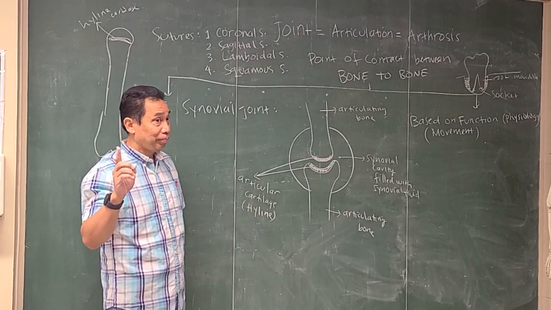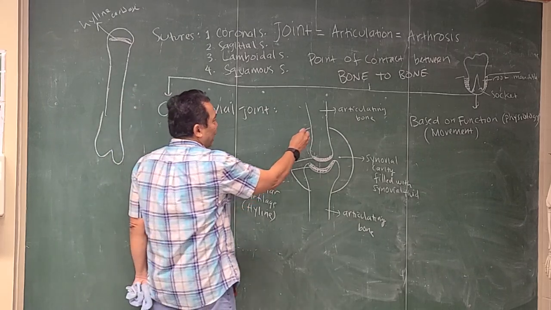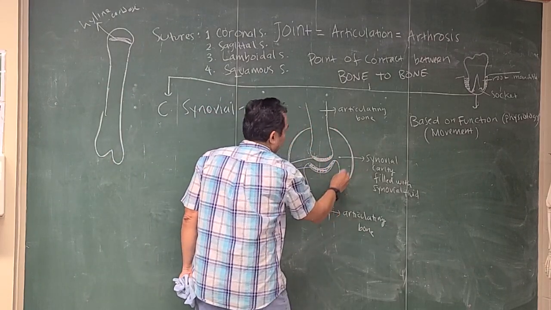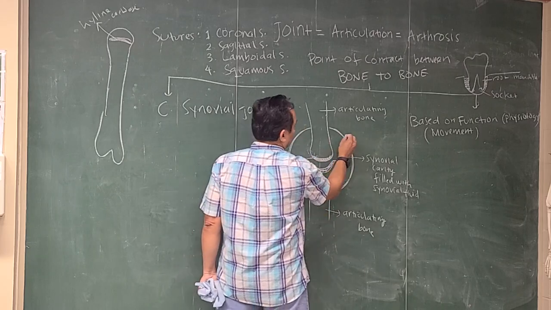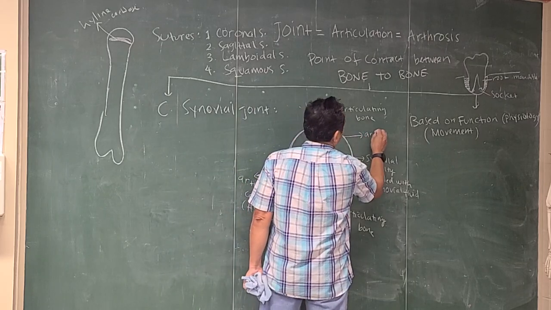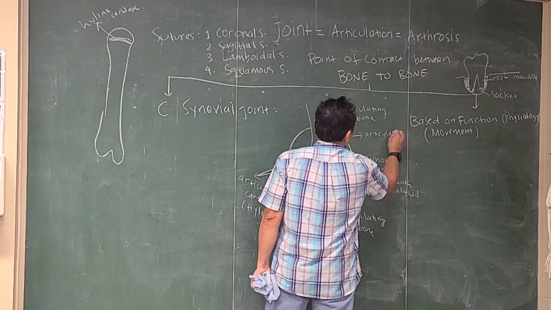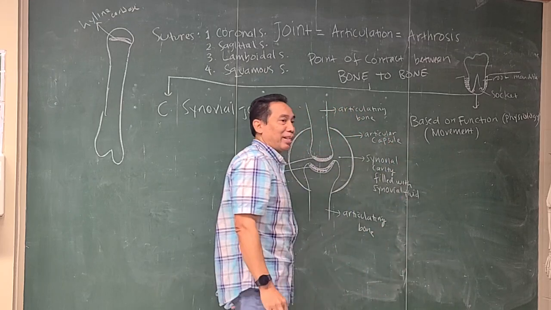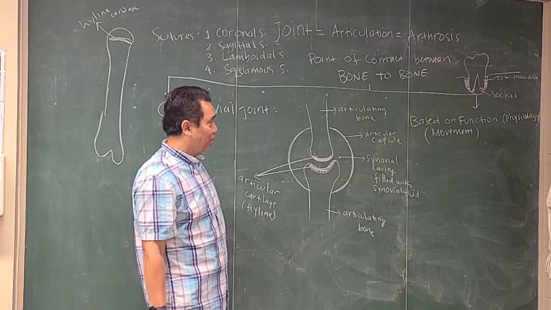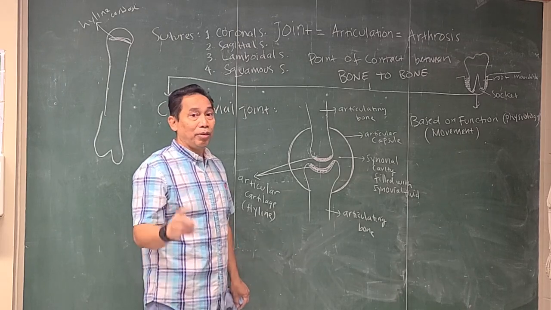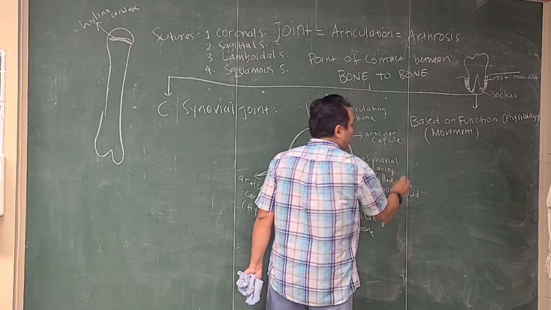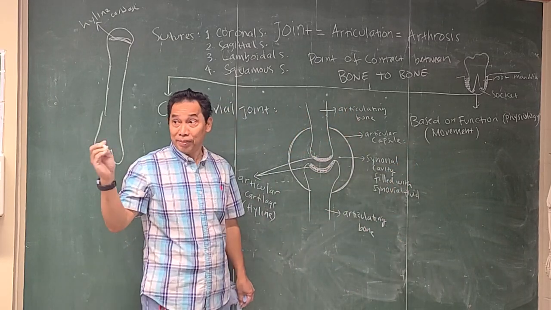Are you with me? Now, look at the capsule over here. That capsule is called the articular capsule. Everything starts with articular because this is the articulation. Are you with me? Articular capsule. And the articular capsule actually has two layers of membrane.